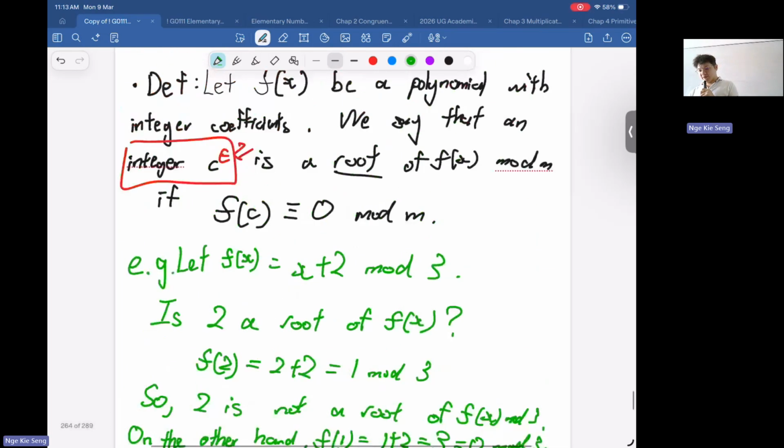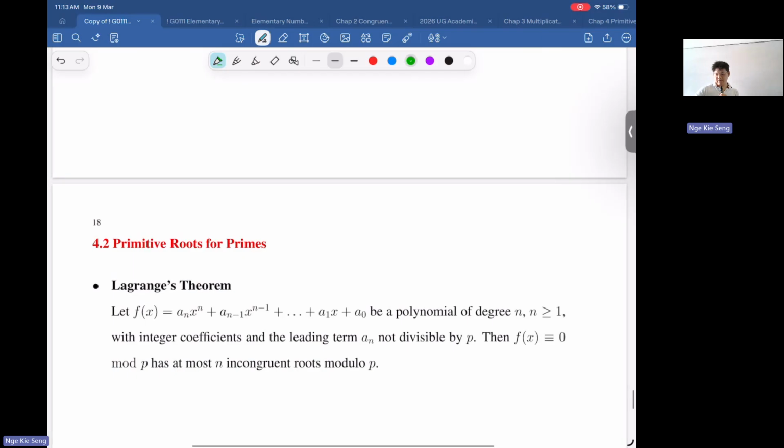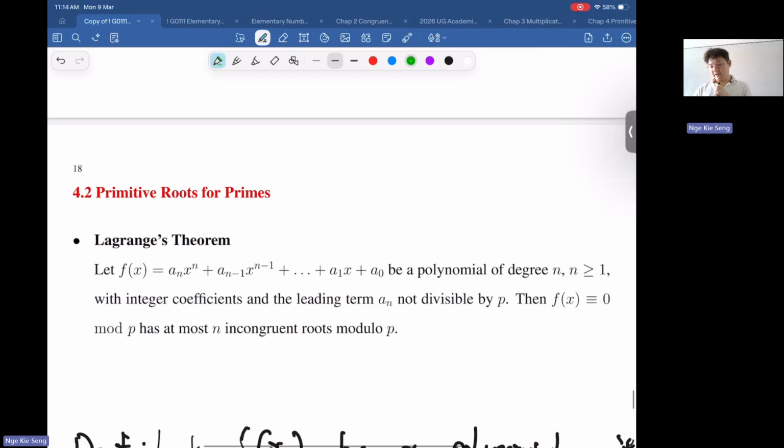Okay, good. So this is about roots. What's the theorem here? If you have a degree n polynomial, so the highest power of x is n, with integer coefficients, meaning all these a_i are integers, and the leading coefficient, the coefficient of the highest power term, is not divisible by p, so p doesn't divide a_n, then f(x) congruent to 0 mod p has at most n incongruent roots mod p.